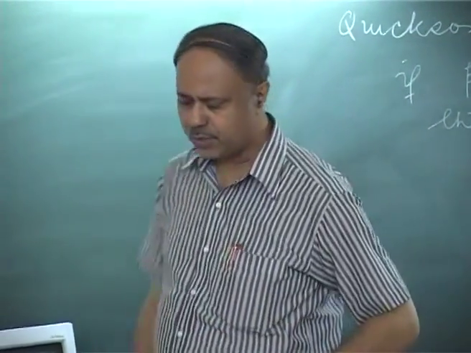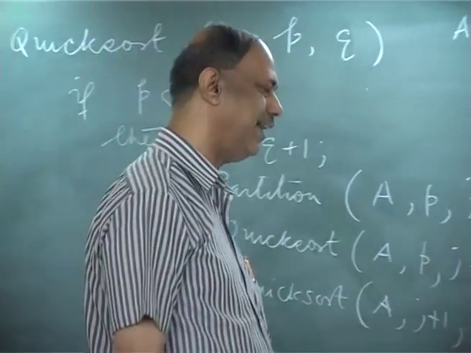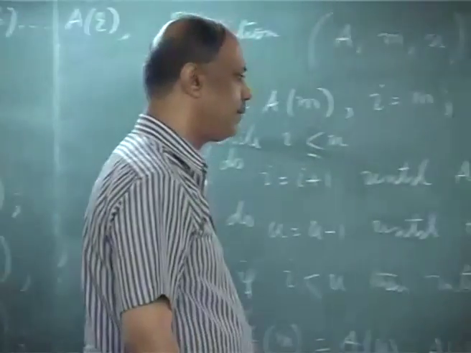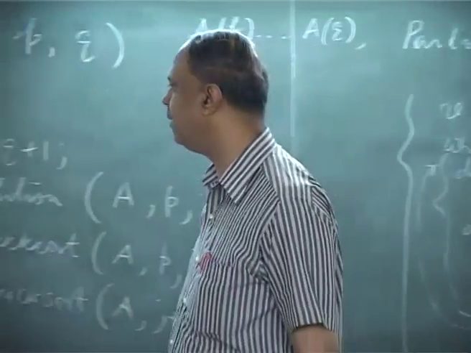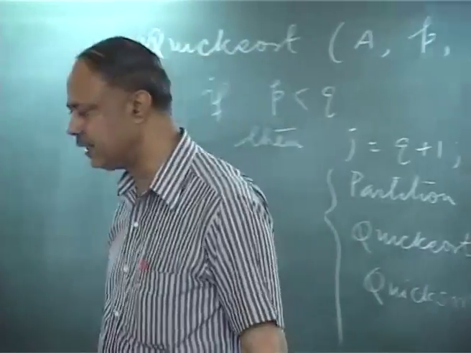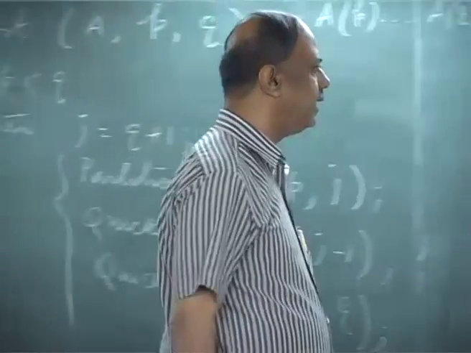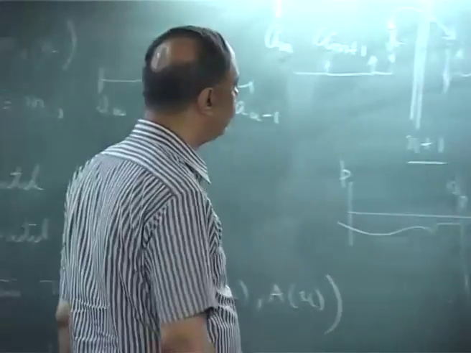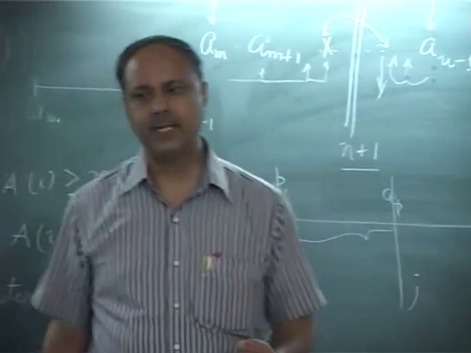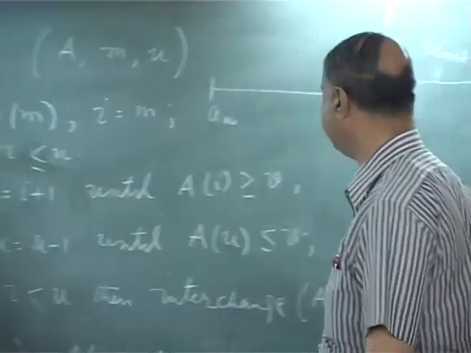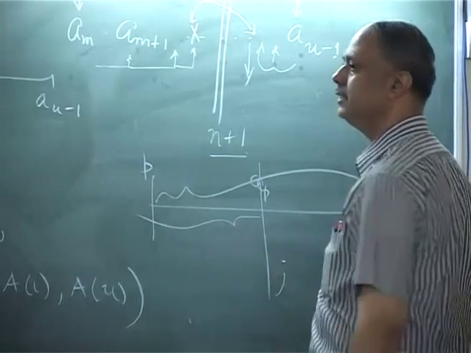Now, this quicksort algorithm is worst. Can you tell me when? You observe that this complexity is dependent on the partition technique. We are assuming that J is here, but it may so happen that all the elements of this part are larger than this.